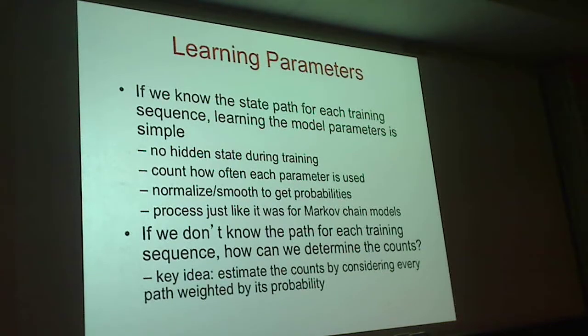Okay, so how could we train parameters if we would know the path? So you know this sequence, for example, it can run like this, and it can run like that, or maybe even one path. This sequence runs like this through the model. Then you can say, that means the first letter goes in here, the second letter goes in there.